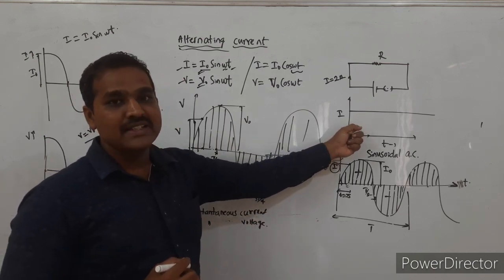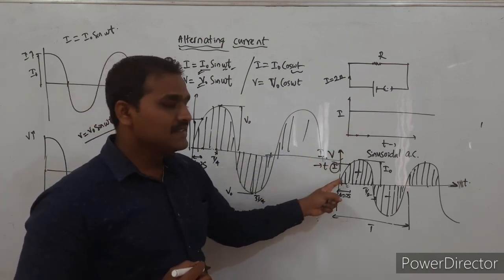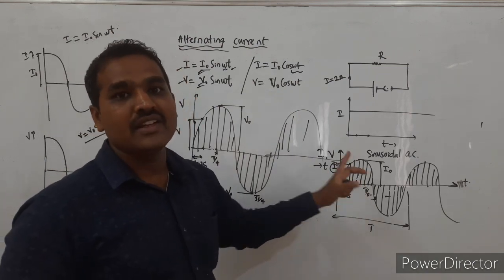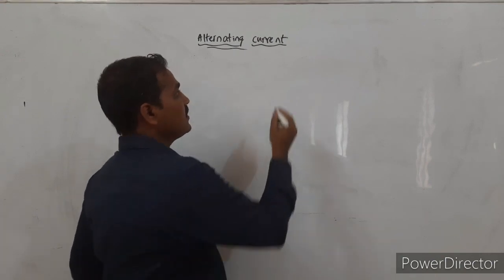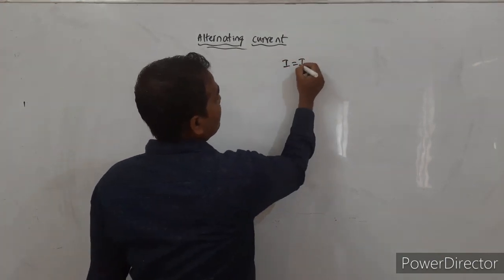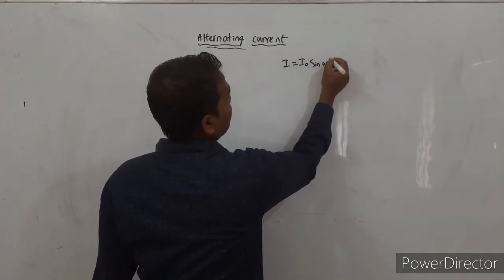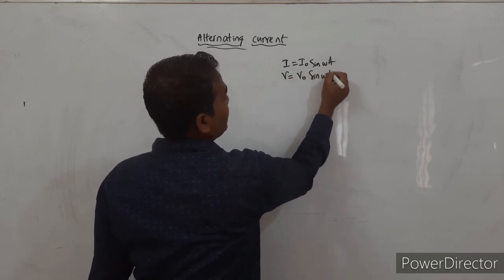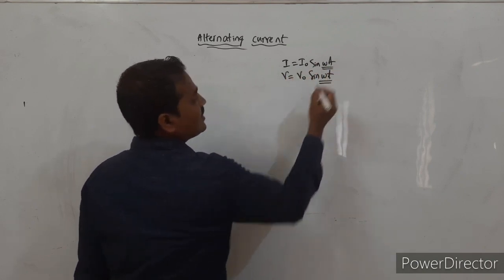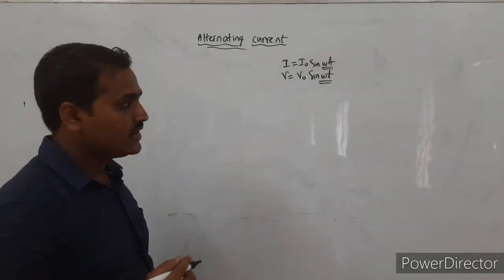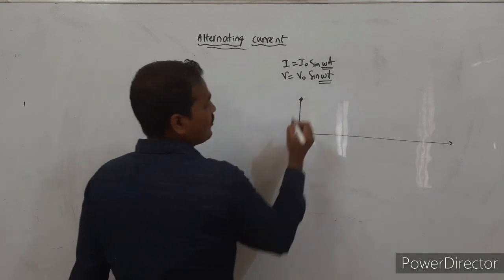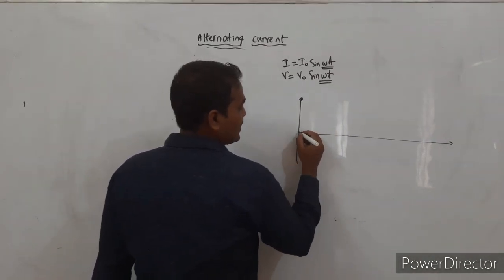The main difference between DC and AC is that AC continuously changes in magnitude as well as in direction. In the equations I is equal to I naught sin omega t, or V is equal to V naught sin omega t, this factor omega t is called the phase. In fact, we have seen in the chapter on oscillations and waves what phase is.